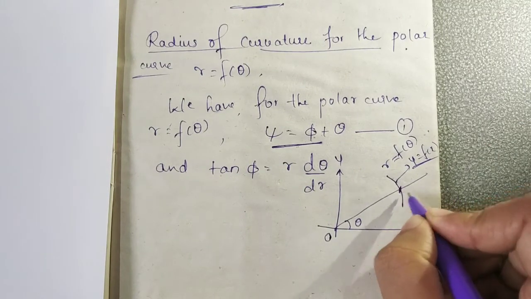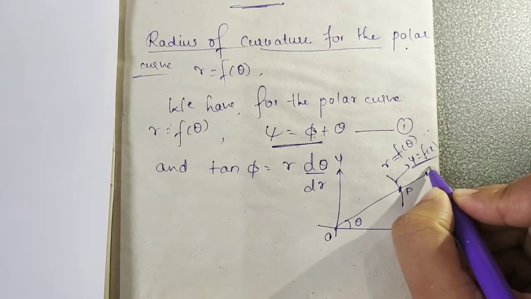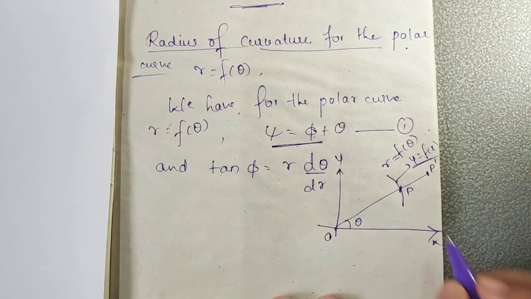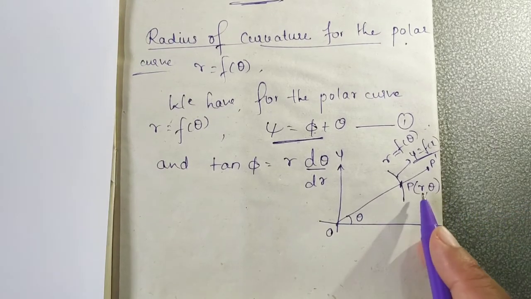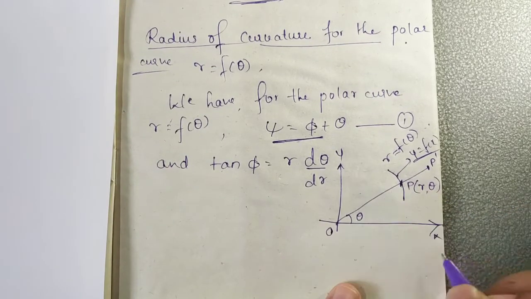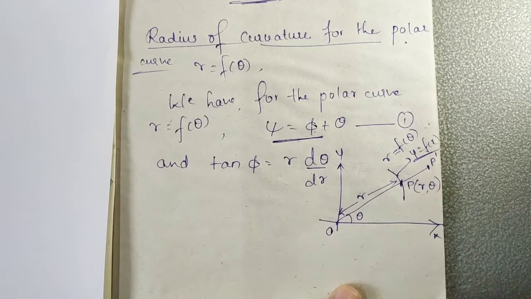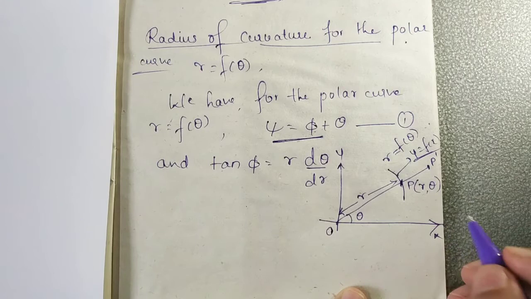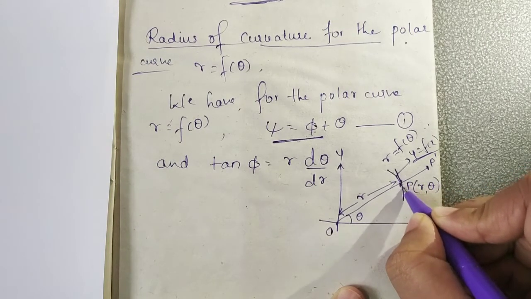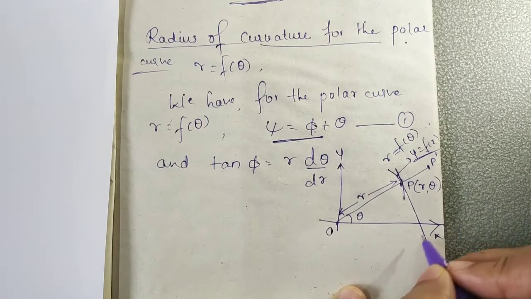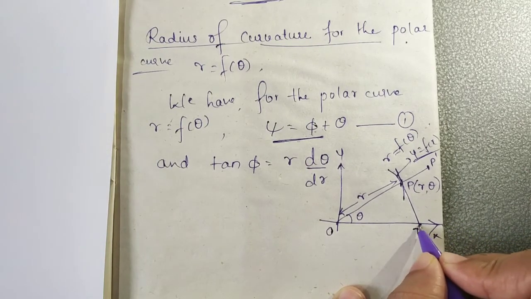Let us take this point as P. Here let it be the point P dash. In terms of polar coordinates, it will be P of r comma theta. Here this is the length r. If you draw the tangent at this point, you will touch the x-axis at the point T.